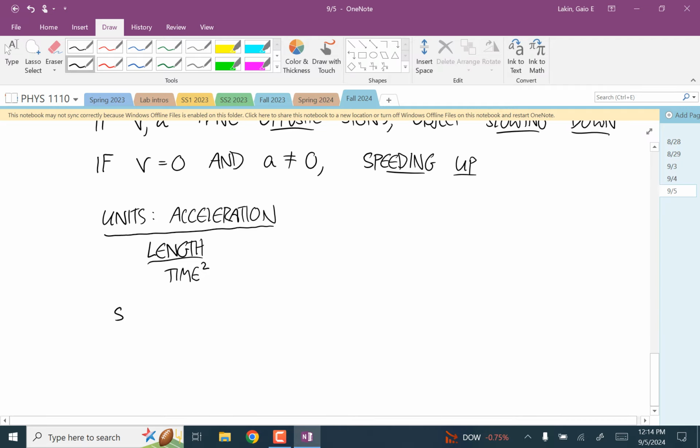That means that the SI units are meters per second squared. Student: For velocity, the units were length divided by time? Yep. And this is just length divided by time squared.